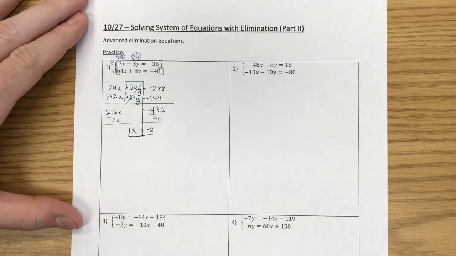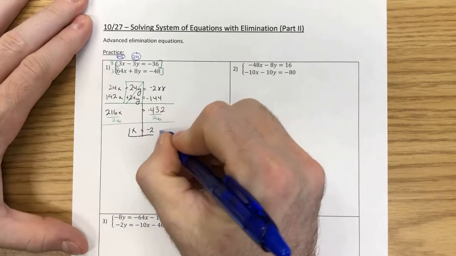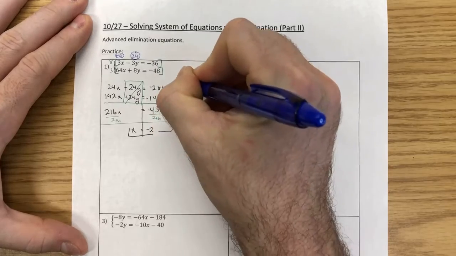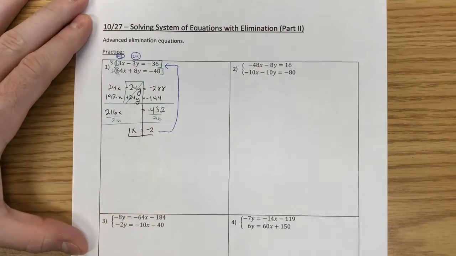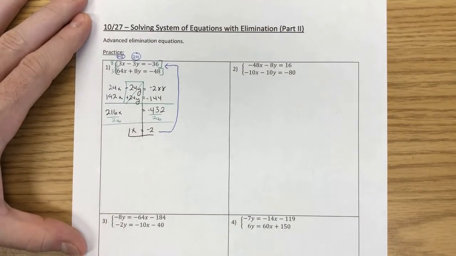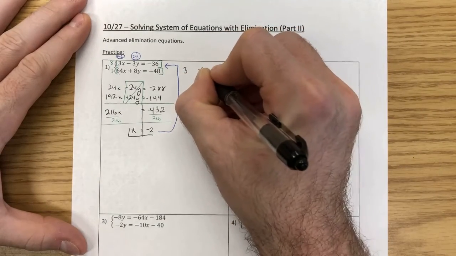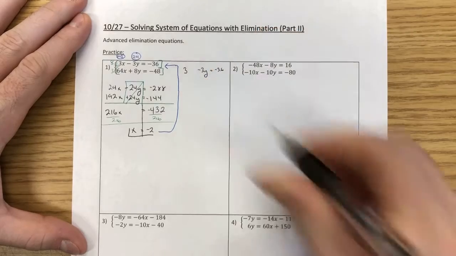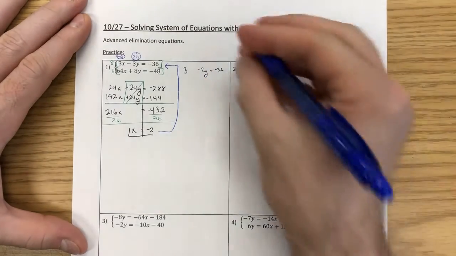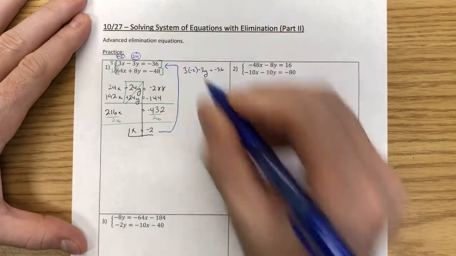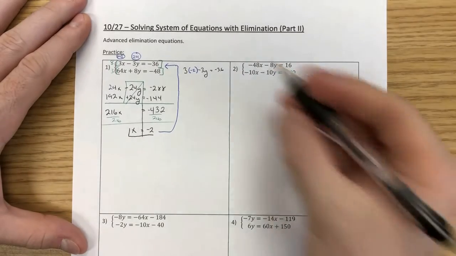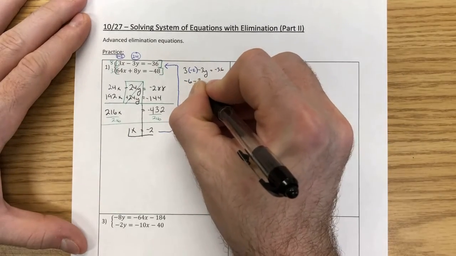And we know that once we get our first answer, we're going to plug it into one of these. I'm going to plug it into the top one because those look like smaller numbers. We're going to see what we get. So we get 3x minus 3y equals negative 36, and I'm going to plug in a negative 2 for my x. 6 minus 3y.